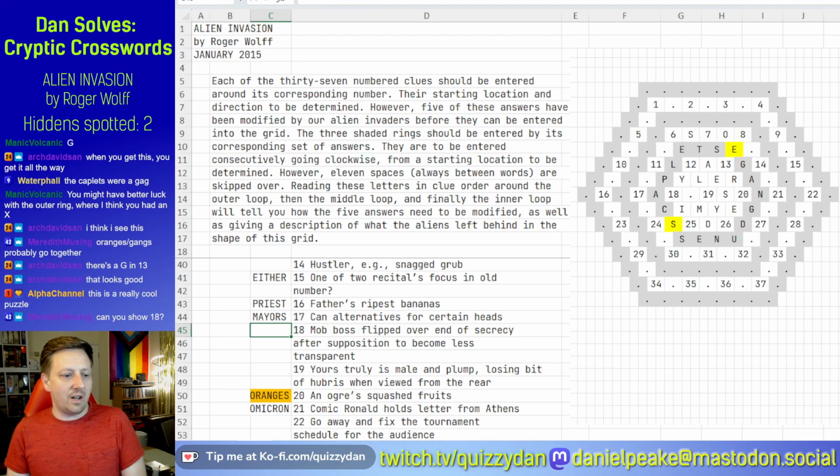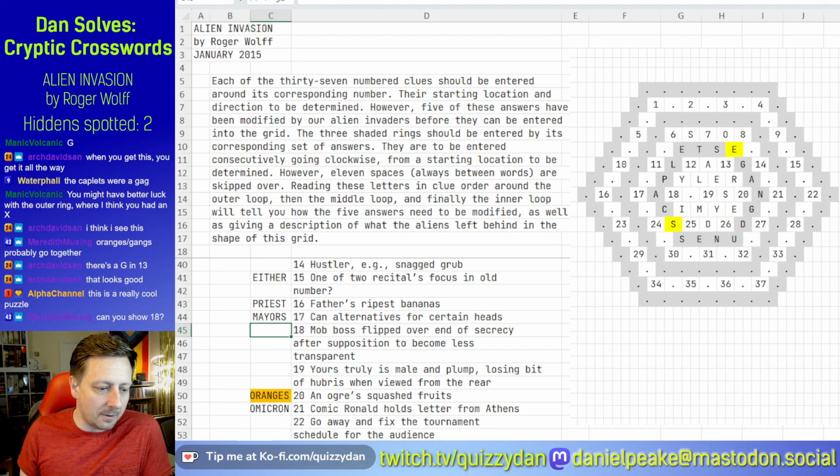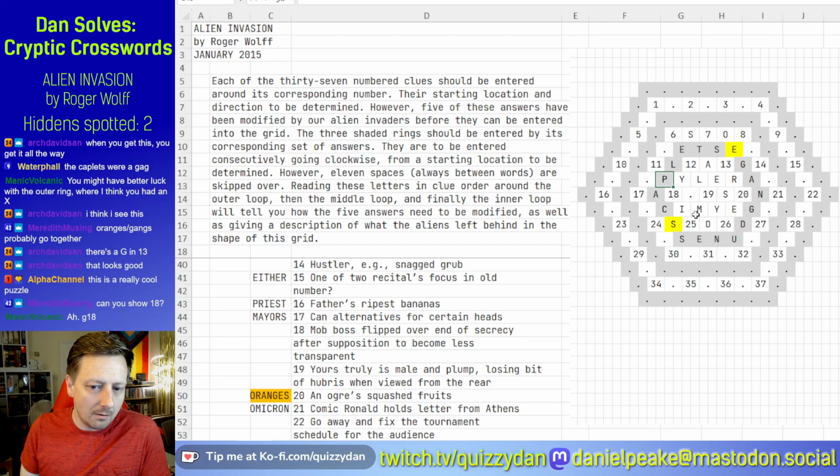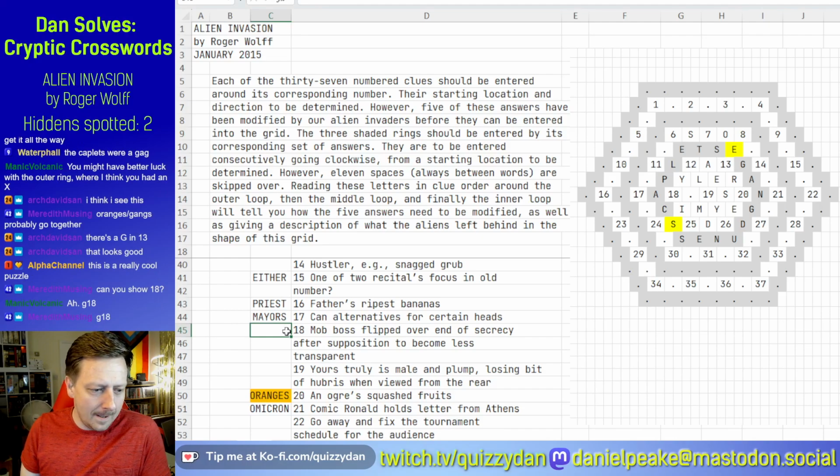Mob boss flipped over, end of secrecy after supposition, to become less transparent. Pacify? Maybe? Mob boss is a capo, isn't it?